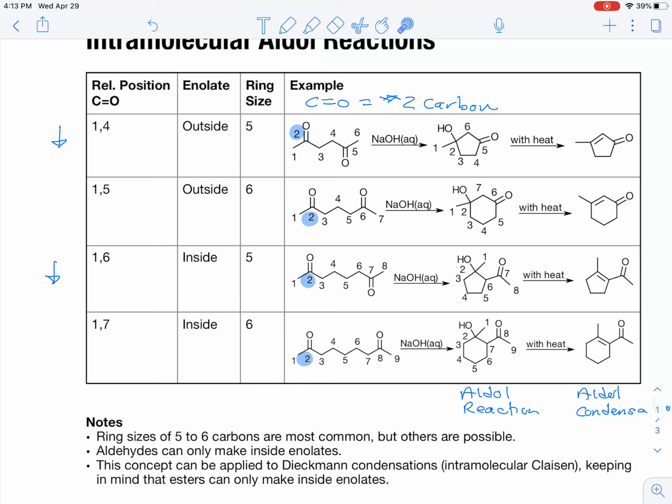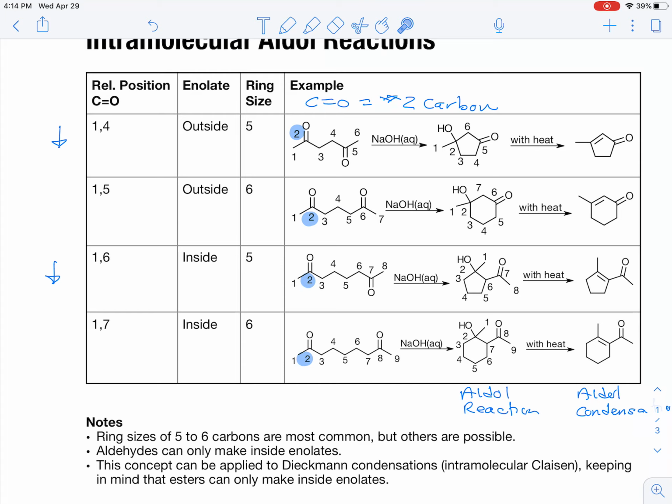So if you want to make those large macrocyclic rings, what you need to do is do the reaction under very dilute conditions that make it far, far likelier for the compound to find itself than another one. But that kind of digressed from this. The point is that we tend to make these 5-membered rings and 6-membered rings. And this just kind of summarizes it.